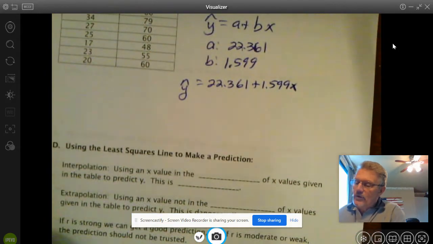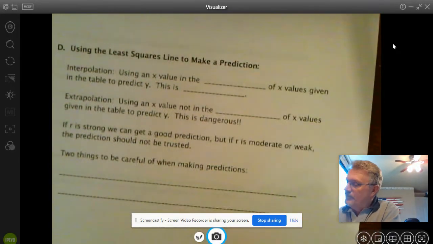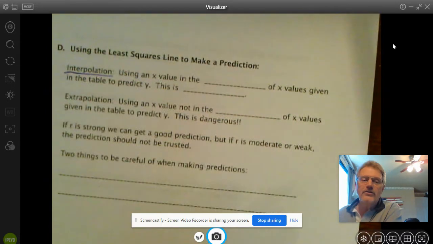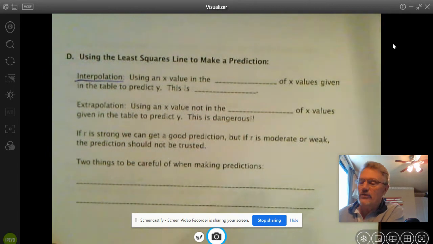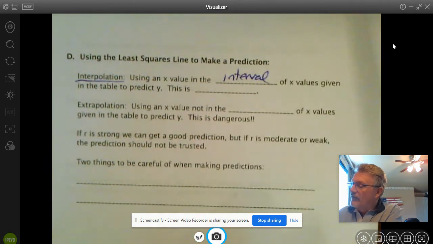The only other thing we're going to have to do with these equations is to make a prediction. When we make predictions, there's something called interpolation, which is using an x value in the interval of x values given in the table. This is a good thing.